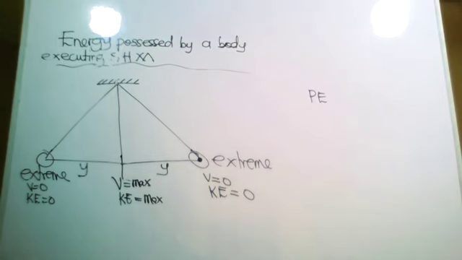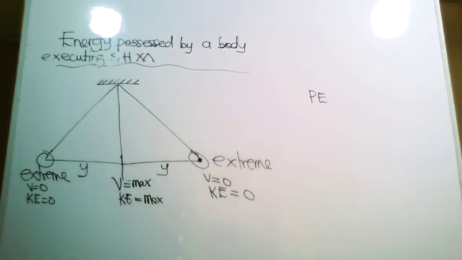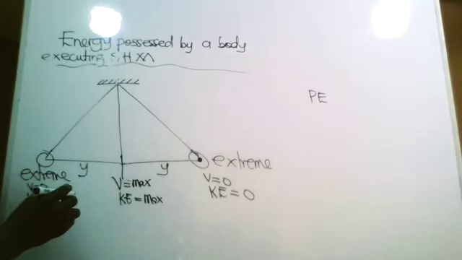If potential energy is by virtue of the body's displacement, where will it be maximum? Where will it be minimum? It will be minimum at the mean point and maximum at the extremes.